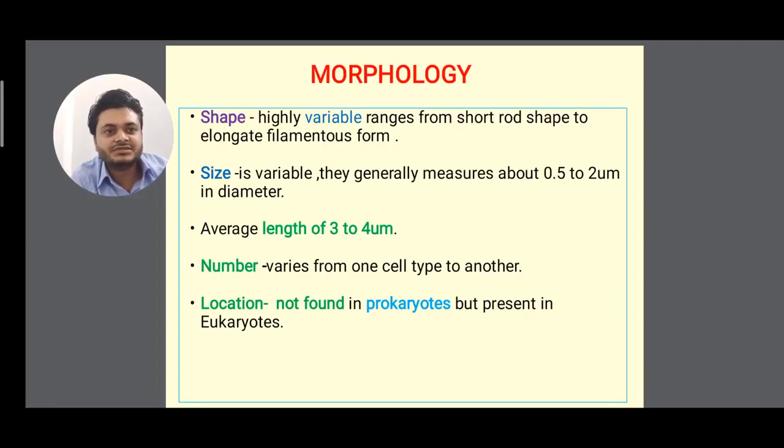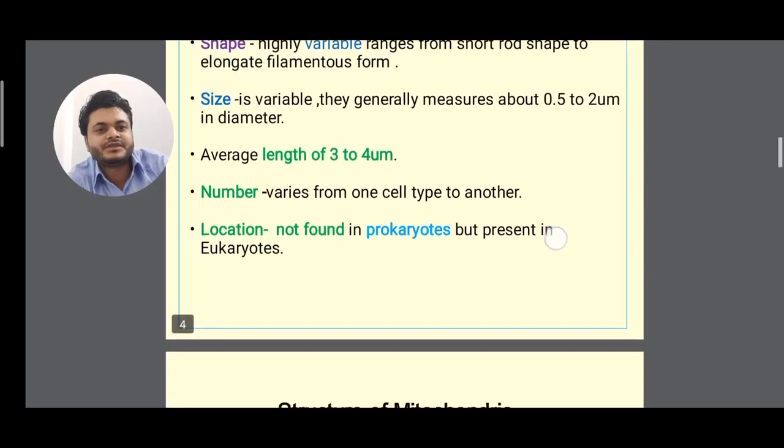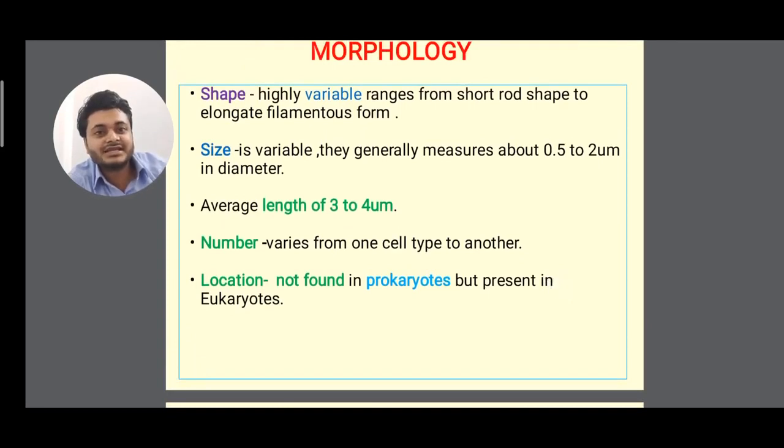It generally measures about 0.5 to 2 micrometer in diameter, and the average length is 3 to 4 micrometer. The number varies from one cell type to another. Mitochondria is a cell organelle, so it is not found in prokaryotic cells, it is found in eukaryotic cells, since prokaryotic cells don't have cell organelles.